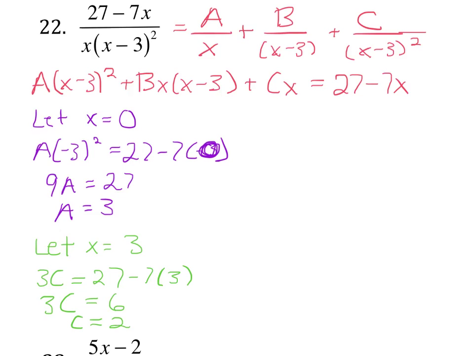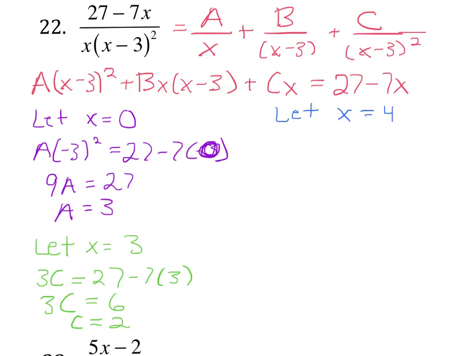So now that I've found a and c, I need to find b. But there's nothing else I can plug in to cancel out any more terms, because I've already plugged in 0 and I've already plugged in 3. So now I'm going to let x equal an easy number, like 4, since 4 minus 3 is 1.